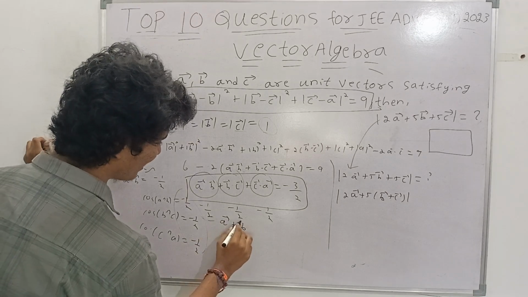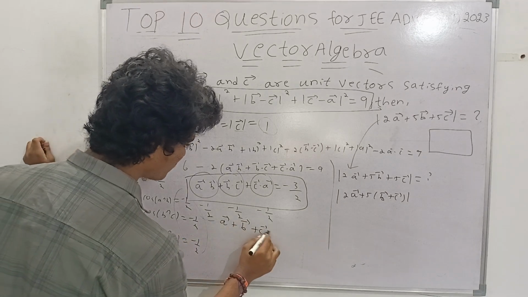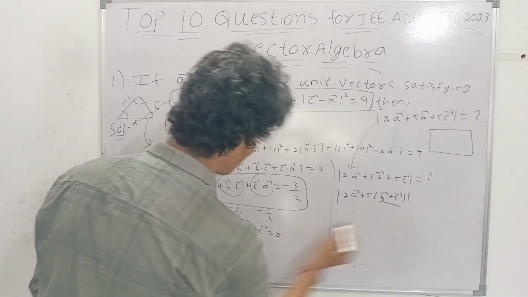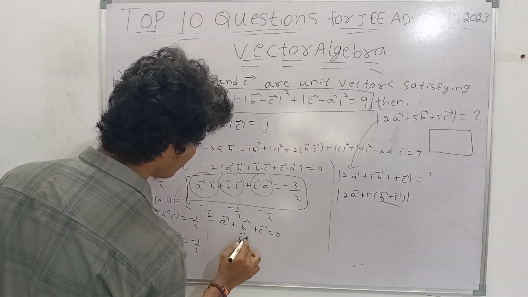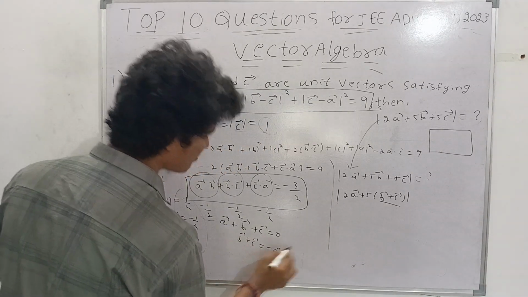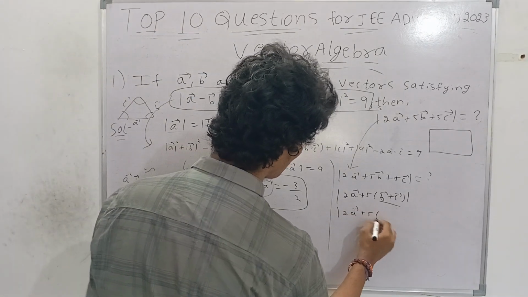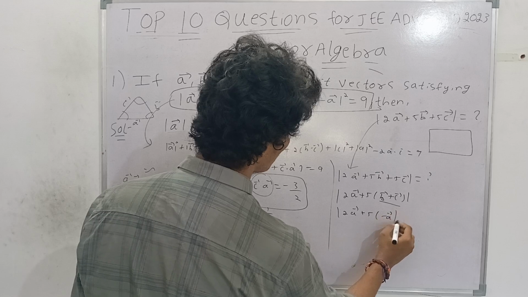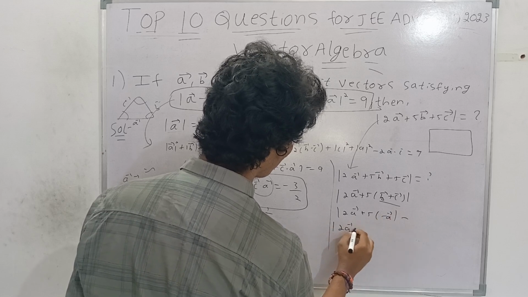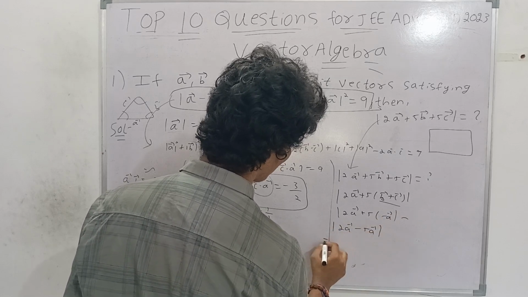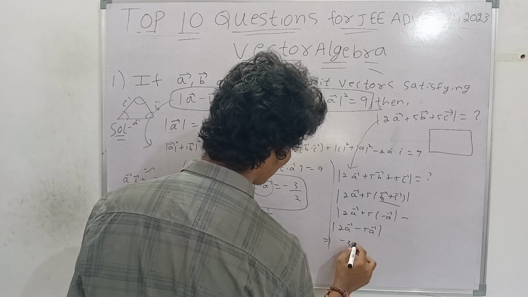In a triangle we know the relation A plus B plus C equal to 0, and here we want B plus C. Taking the right side, B plus C equals minus A. Substituting here, what will I get? 2A bar plus 5 into minus A, that is 2A bar minus 5A bar, which gives minus 3A bar.